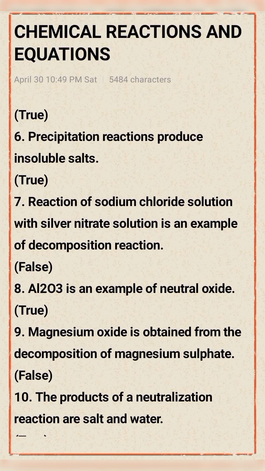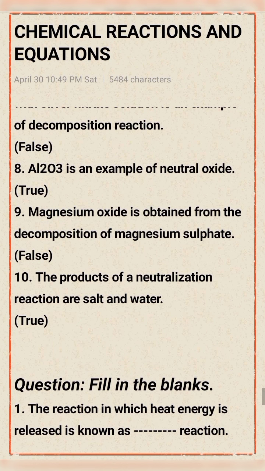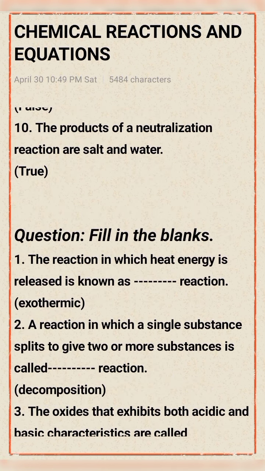This statement is true. Next question number 9. Magnesium oxide is obtained from the decomposition of magnesium sulfate. This statement is false. Next question number 10. Products of neutralization reaction are salt and water. This statement is true.